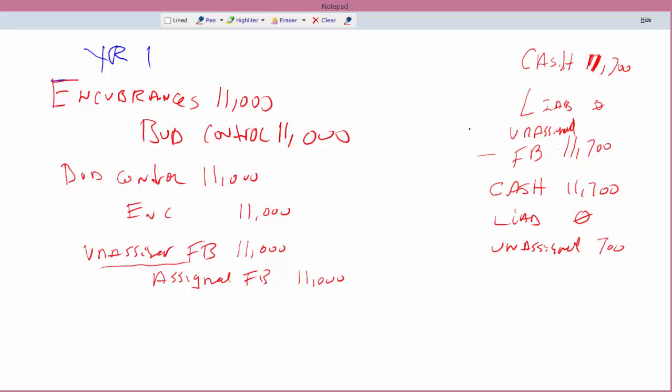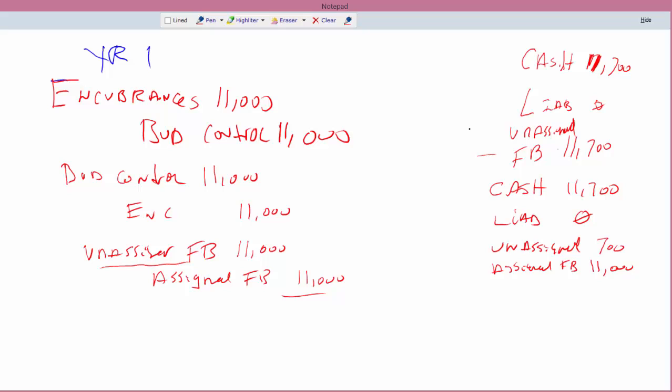And then I have an assigned fund balance of $11,000, right? Still with me? By the way, notice my total fund balance is still the same, isn't it? The assigned plus the unassigned is still $11,700, right?